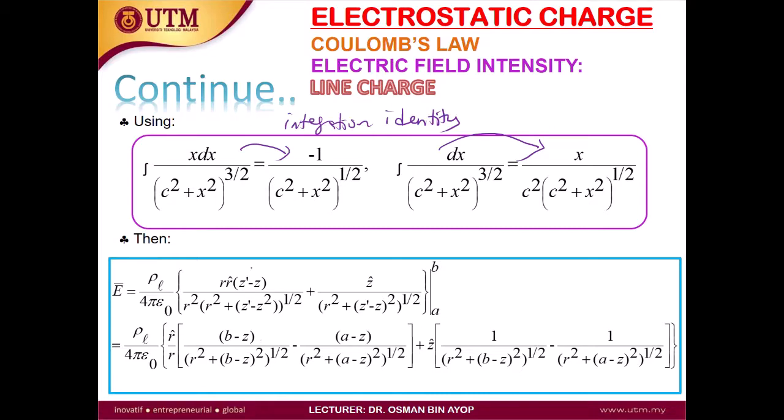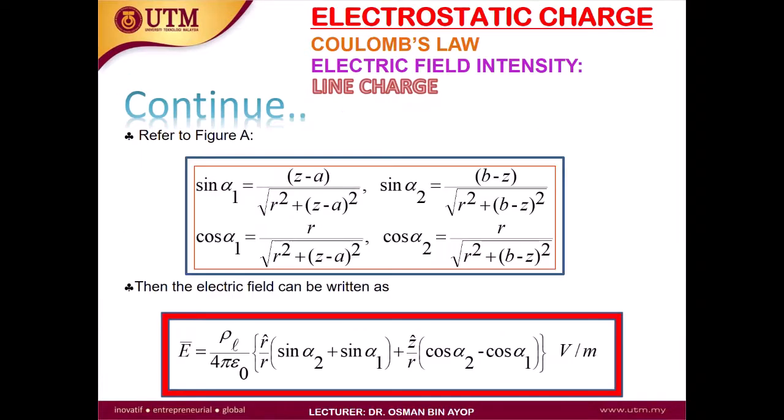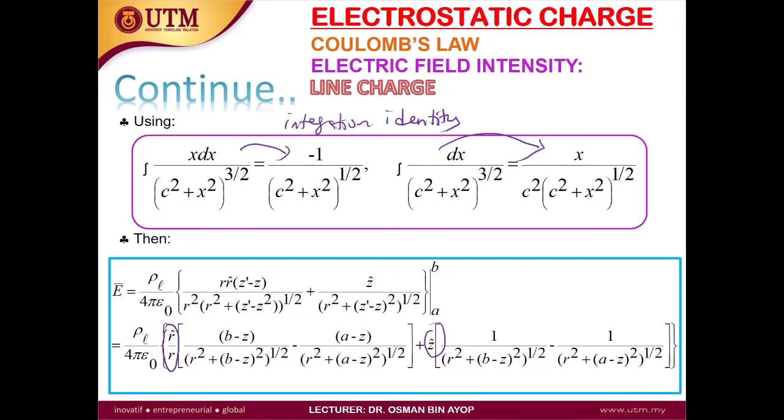We have the r cap divided by the magnitude r, and then we have z. And then this is where we define alpha 1 and alpha 2 depending on the figure, and it can be simplified into this form.